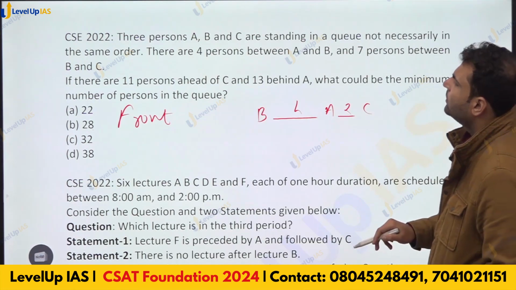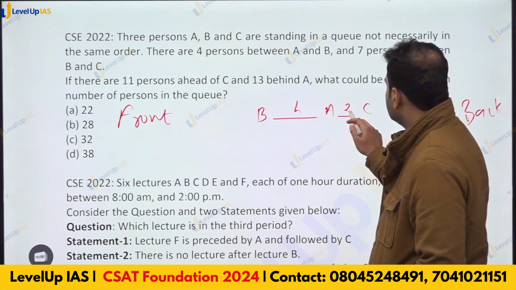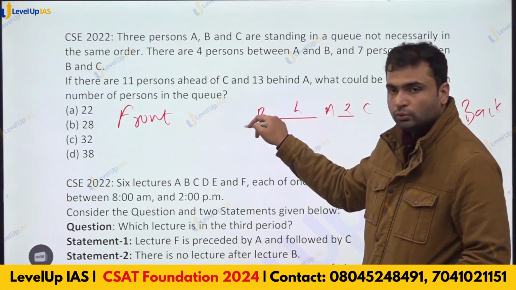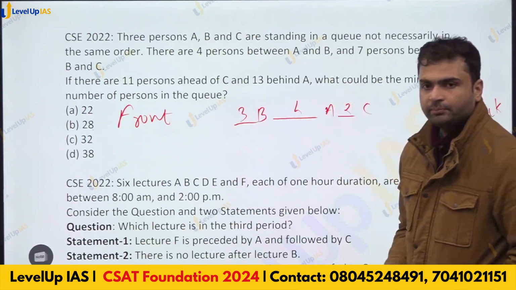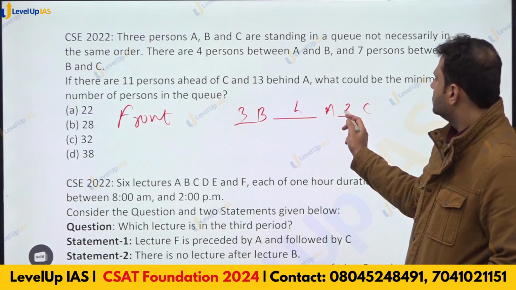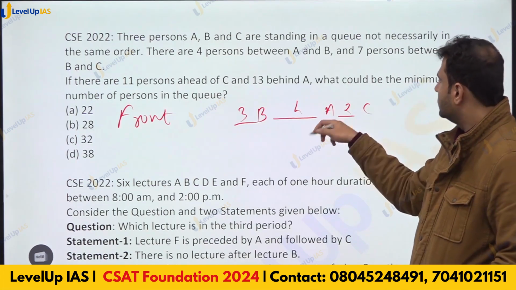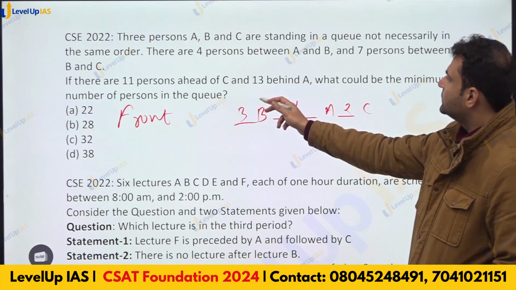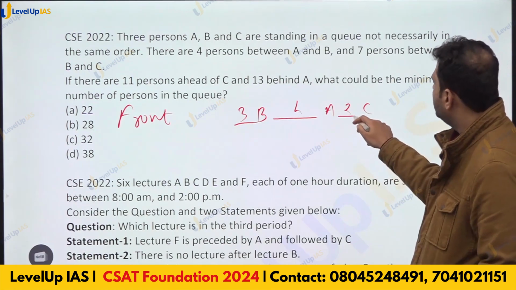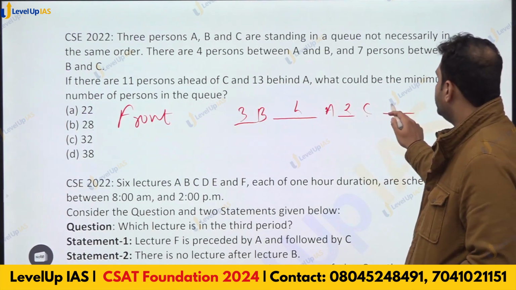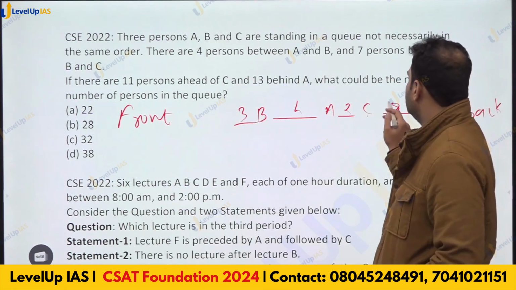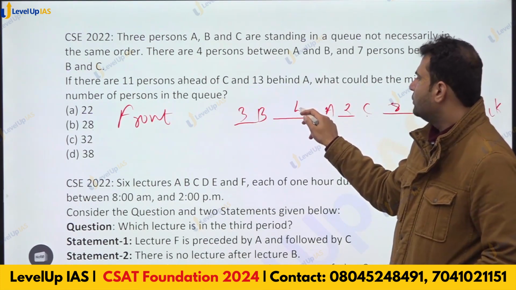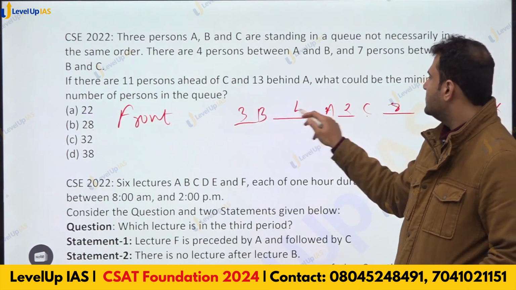And now we have 11 persons ahead of C. So 4 plus 2, 6, plus 2, 8, and 3 more ahead of C. And 13 persons behind A, meaning 2 plus 1, 3, plus 8 more. This is the case. Now how many people are there? Let us see. 8, 4, 12, 15, 16, 17.